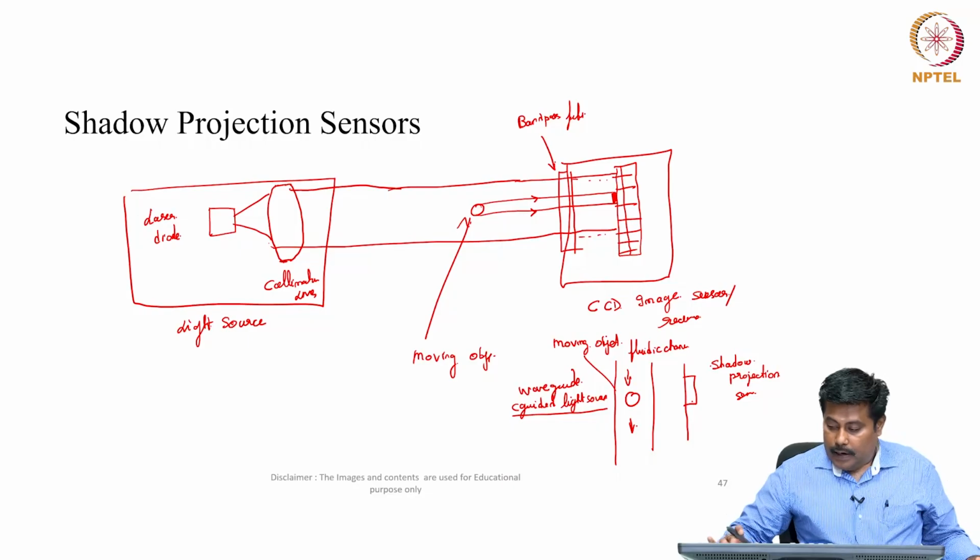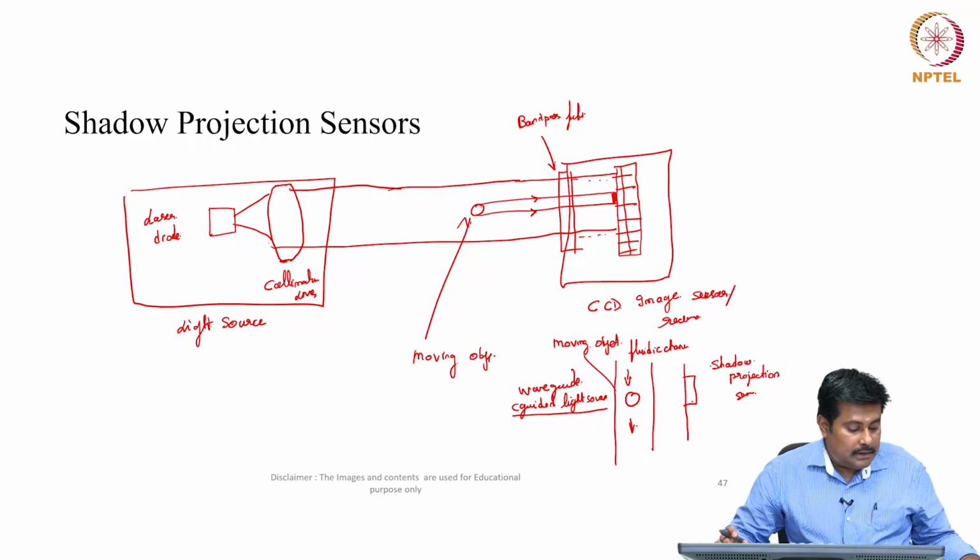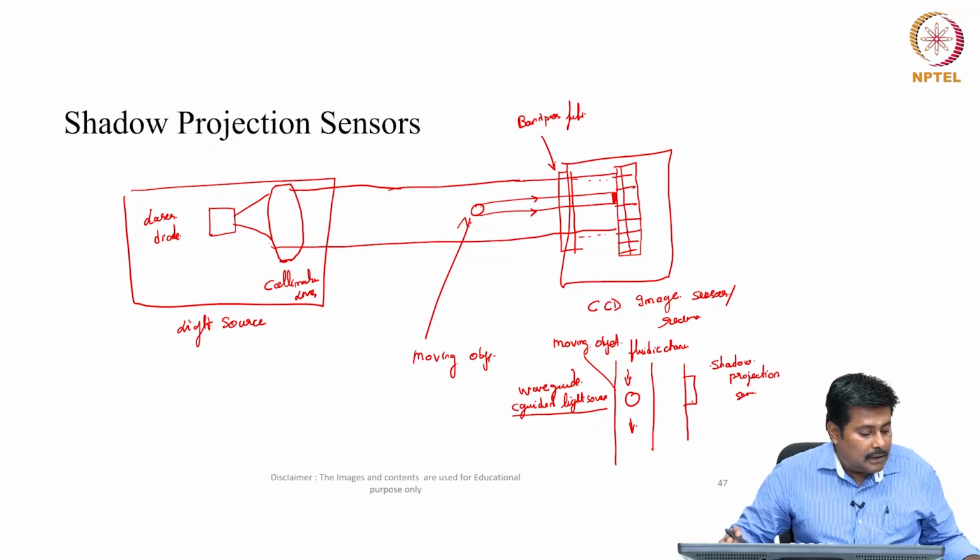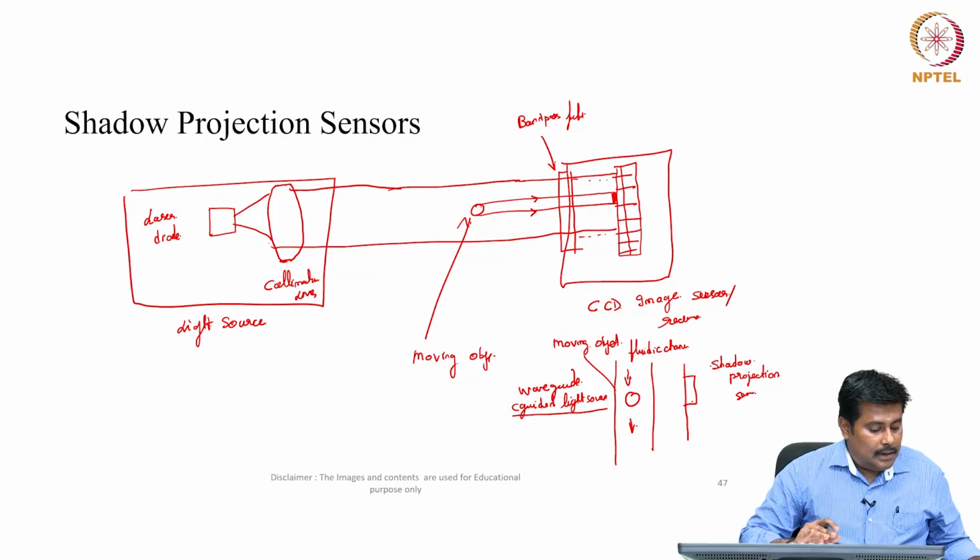Here, as far as this shadow projection is concerned, let us consider there are 4 quadrants. These 4 quadrants collect the transmitted light through the fluidic channel. When objects pass in the tiny fluidic channel, they mask the light partially or completely, thus modifying the transmitted signal.